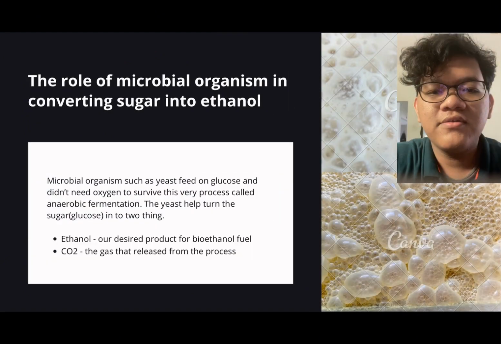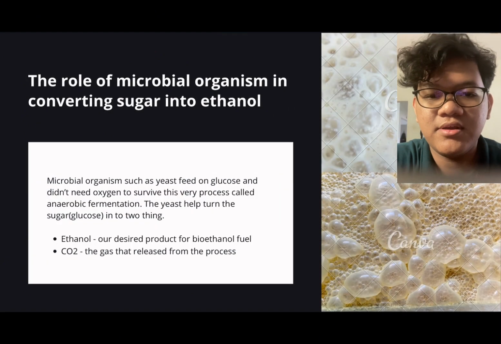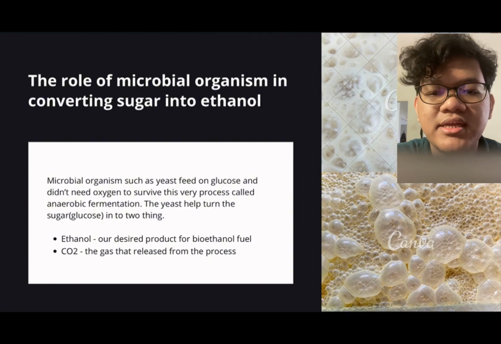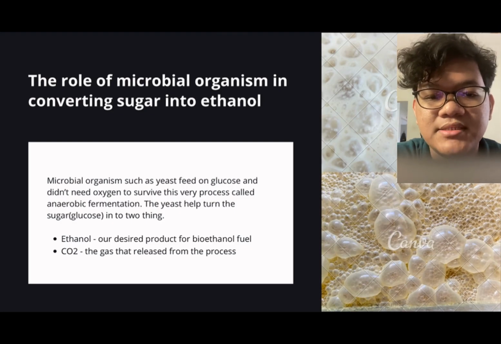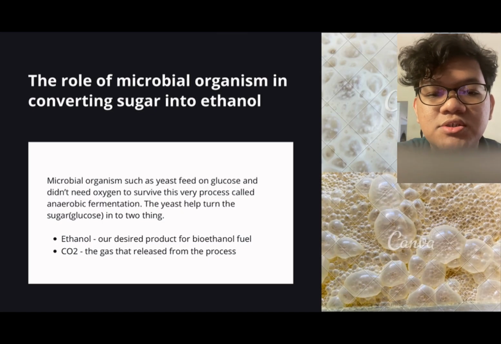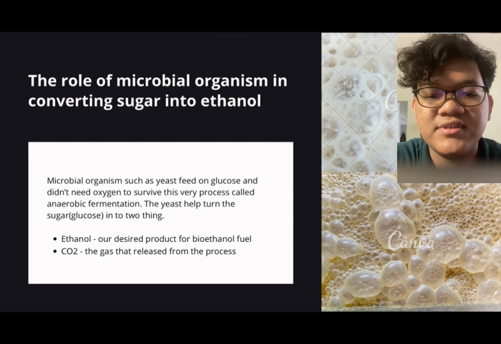For the fermentation process, we are using SSF, which is simultaneous saccharification and fermentation, which integrates the hydrolysis of complex carbohydrates, cellulose and pectin into fermentable sugar with the fermentation of the sugar into ethanol in a single step, which optimizes efficiency and reduces processing time.